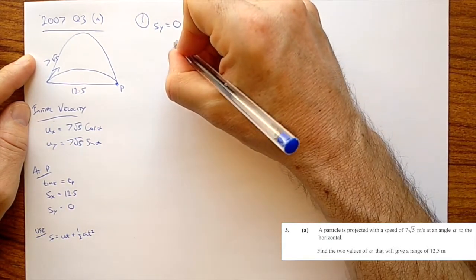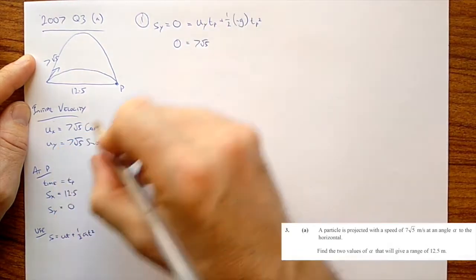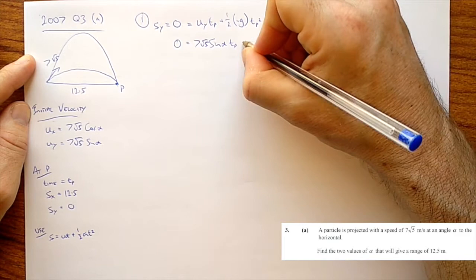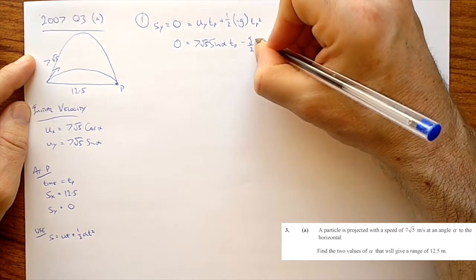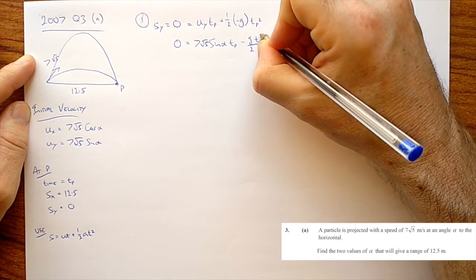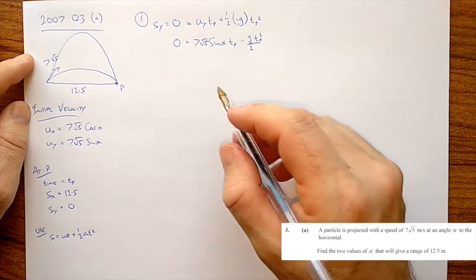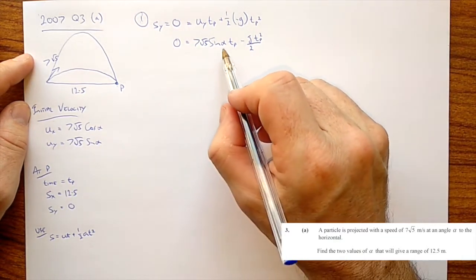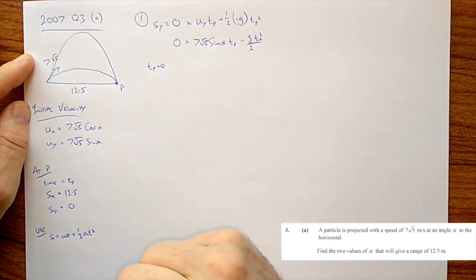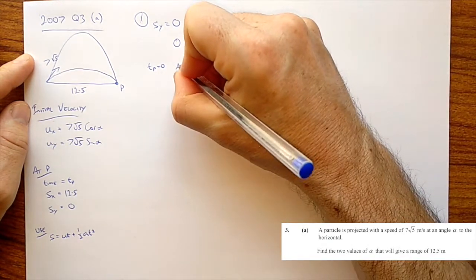So what we know is that 0 equals 7 root 5, Uy is sine alpha, Tp, minus g over 2 Tp squared. So we're going to figure this out fairly nicely. Now, one of the things you're going to notice is that one value of Tp can equal 0. The whole equation works out, but this is at the start.